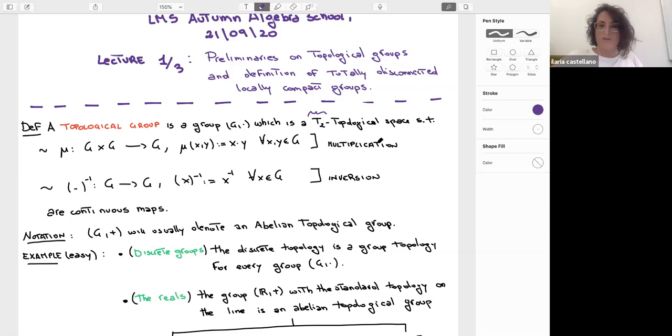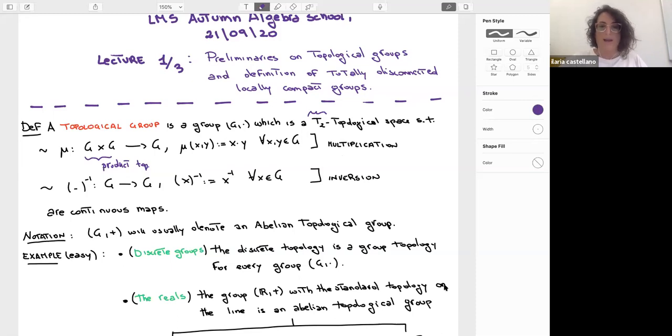When I talk about multiplication, here you can see this product. So I mean that this product has the product topology on it. So this map is continuous when we consider the product endowed with the product topology. What this definition means is that a topological group has an algebraic structure and a topological structure, and these 2 structures have to live together in peace.